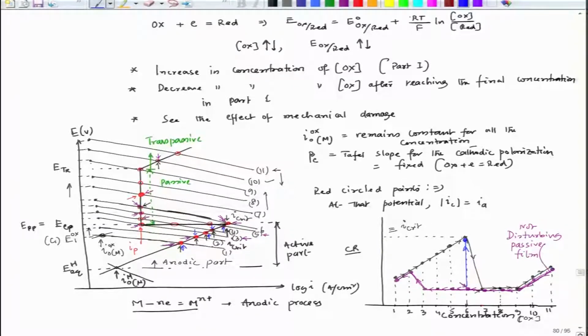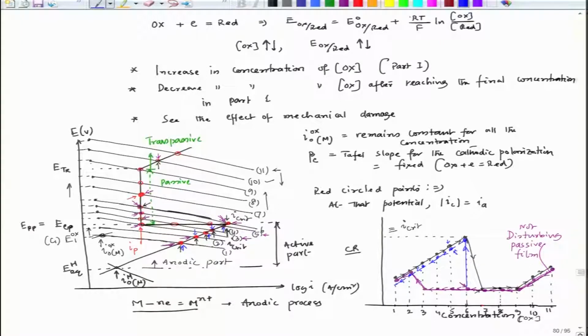Remember, this point and this point are both the same location, but just to give you an indication of how the movement happens, I have drawn it a little away from the black circle. So the movement would be this way.